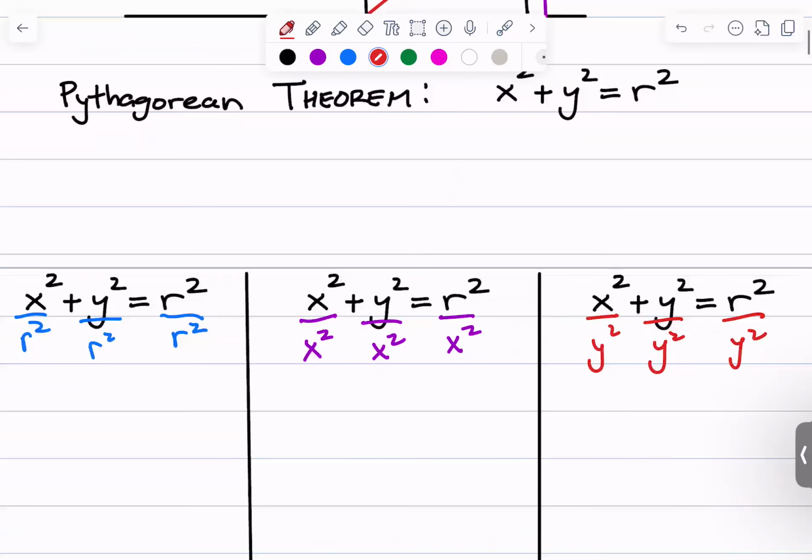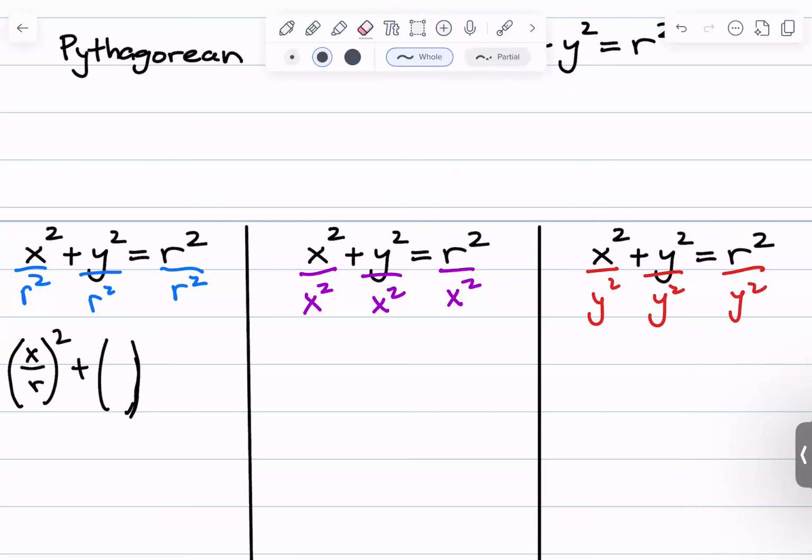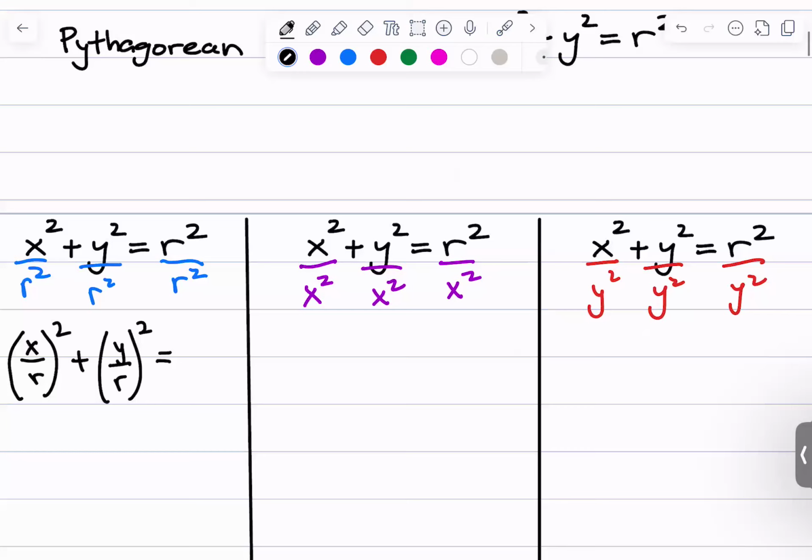So here, x squared divided by r squared, I can rewrite as x over r quantity squared, using the properties of exponents. Plus y over r squared equals r squared over r squared, which is 1.